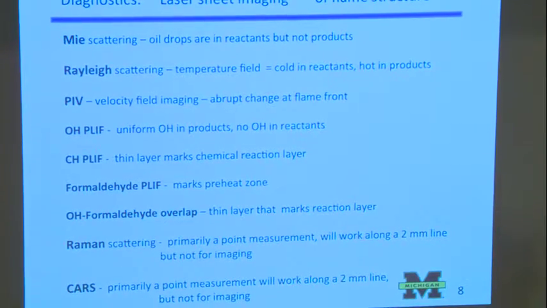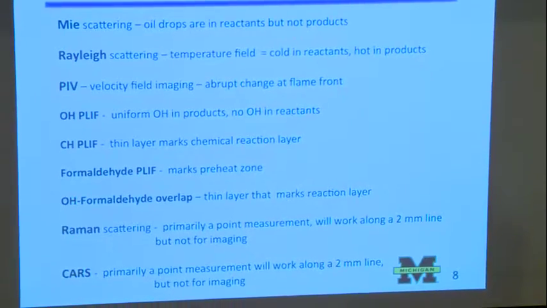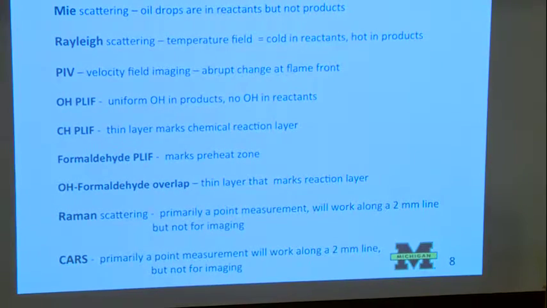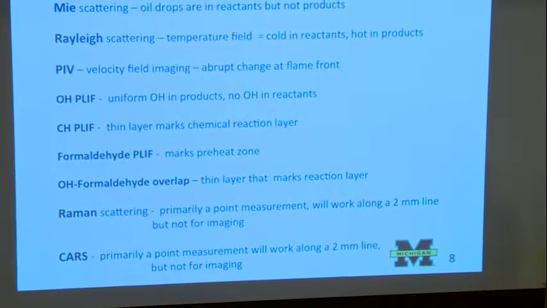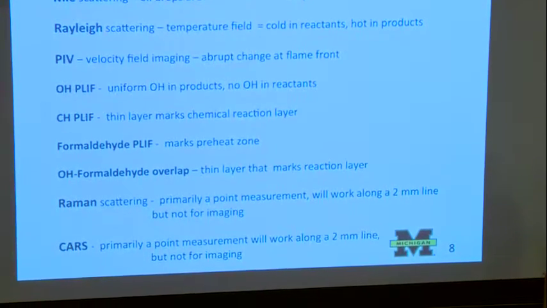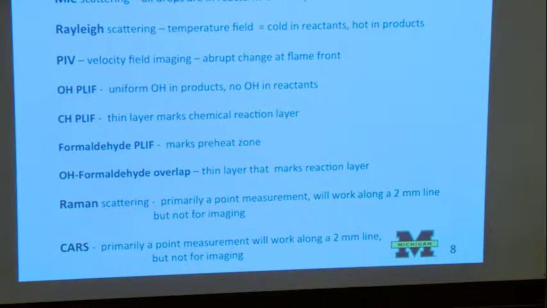Now, if you can get an oxidizer and a fuel to occur in the same place and then image them, you know that a reaction's occurring there, assuming it's hot. And OH only exists where it's hot. And so at least we know the formaldehyde OH reaction occurs wherever we see both of them present. But that reaction zone may not be the same reaction zone as what you image with CH. So interpreting what you get from these diagnostics is still an issue.